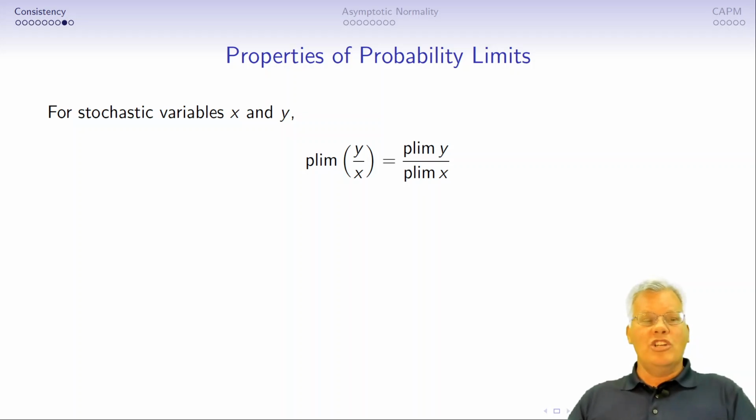So if you have a quotient and the denominator is 0, what that can cause is wild swings in the value of the quotient.